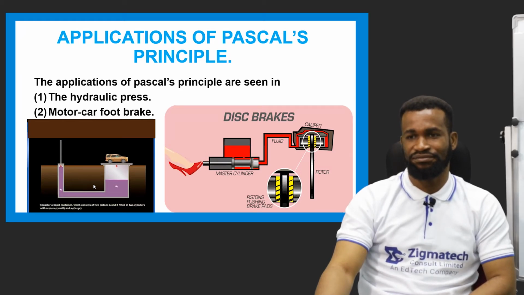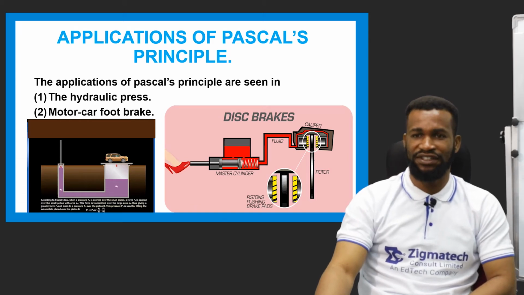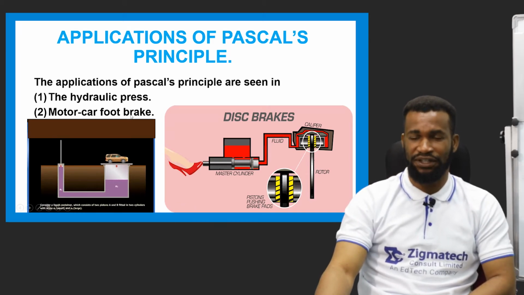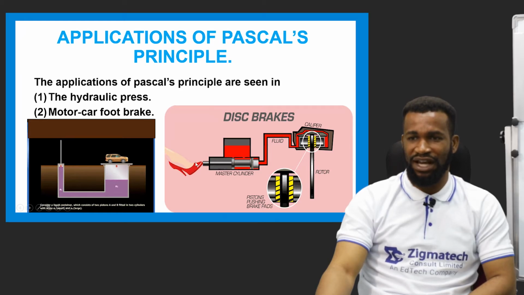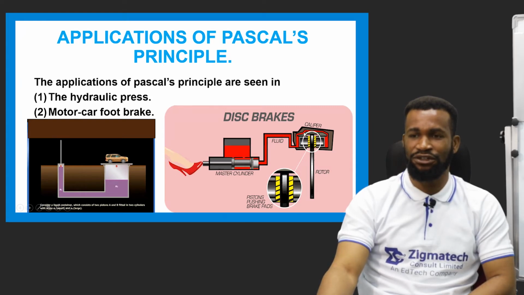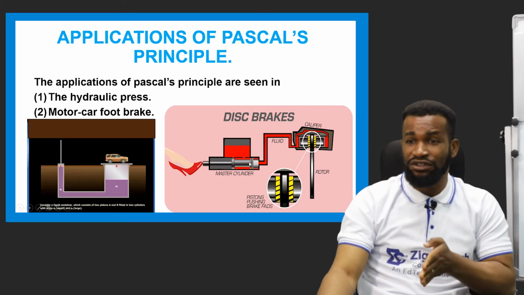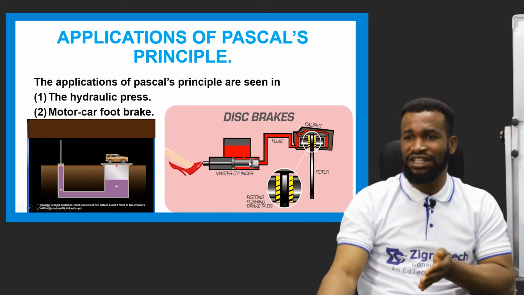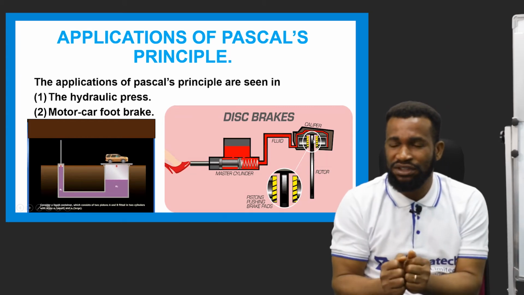All right. Now, the second application of Pascal's principle is seen in a motor car foot brake. You see that? A force is applied through this means, and then the fluid inside here goes down, transferred undiminished, because the principle is that the fluid where the force is applied is undiminished, and it follows through these tubings, goes down here to clip the tires.